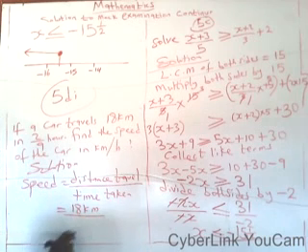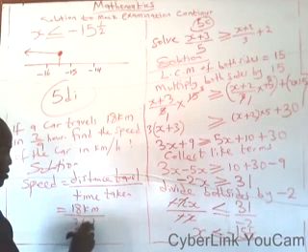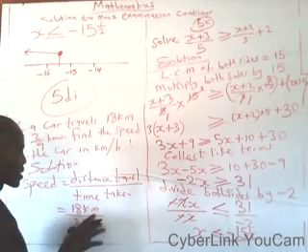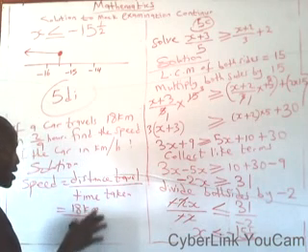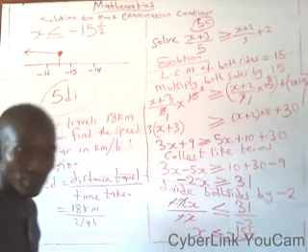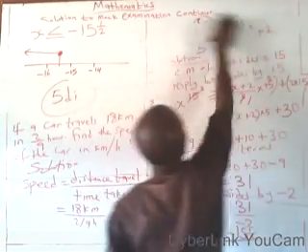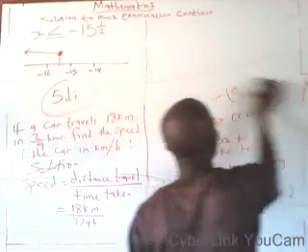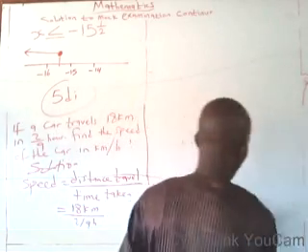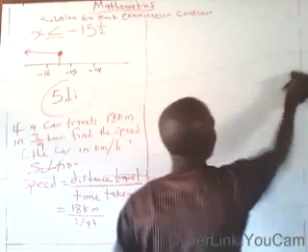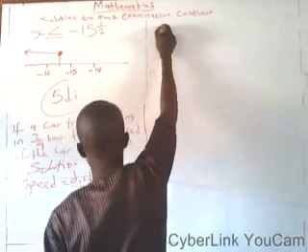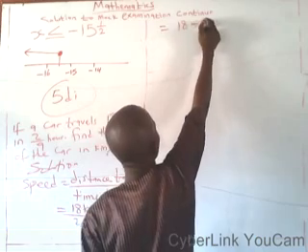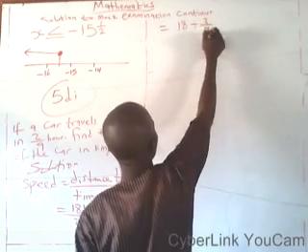All over, what is the time? 2/9 hours. Now, we can as well rewrite this as 18 divided by 2/9.